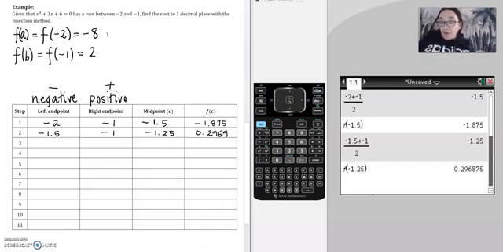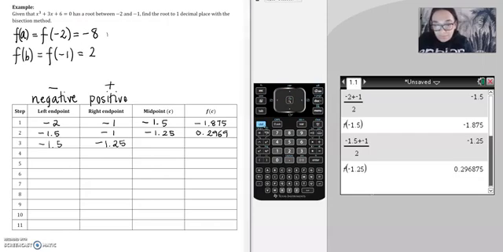The y value is now positive, which means this midpoint, this negative 1.25, will replace the previous endpoint that also had a positive y value. So it's going to replace negative 1, and instead our right endpoint is now negative 1.25. The left endpoint will stay.